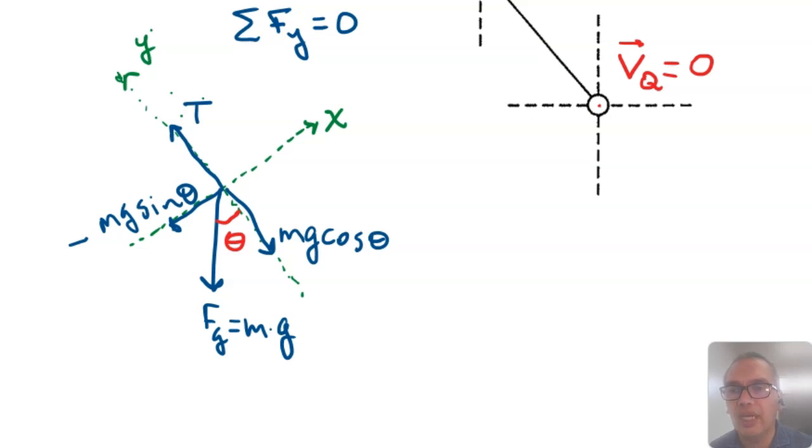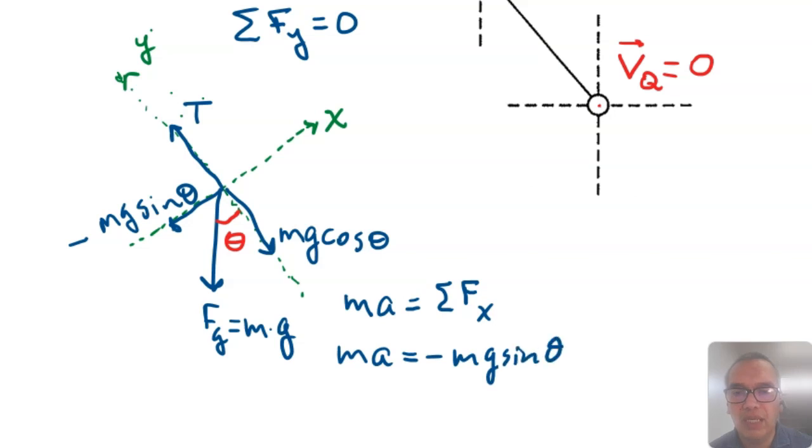Not so in the x direction. In the x direction, you only have one force. So in that case, mass times acceleration is equal to the net force in the x direction, which means mass times acceleration is negative mg sine of theta. So your acceleration is negative g sine of theta.